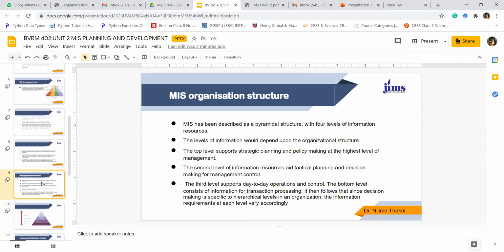Management information system has been described as a pyramidal structure, as we discussed in the sixth slide, with 4 levels of information resources. The levels of information would depend upon the organizational structure. The top level supports strategic planning and policy making at the highest level of management.